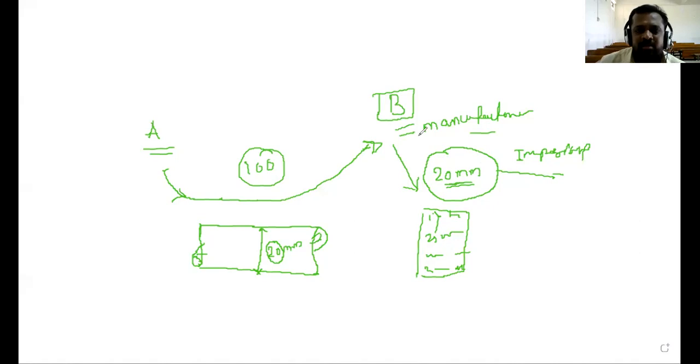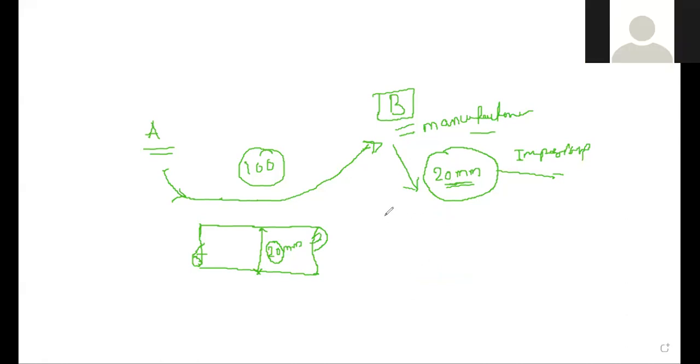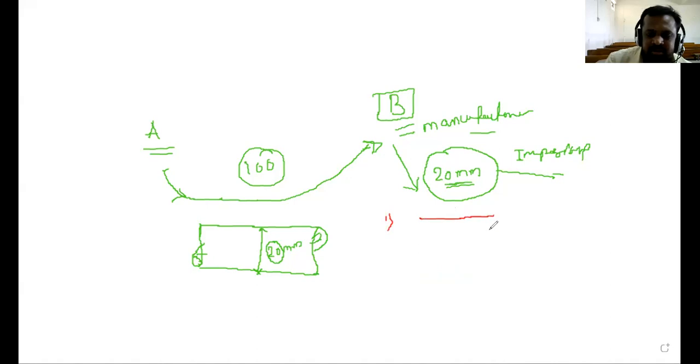Suppose now that manufacturer B has started the production and tried to manufacture the shafts. Simple, just understand. Suppose he has prepared 10 shafts. The first shaft he has prepared, the diameter of that shaft comes to 19.9. Then the second shaft he has prepared, the diameter again comes exactly 20. Again he has prepared a third shaft, and the diameter of that shaft comes to 20.1. Again he has prepared a shaft, the diameter of that shaft is 19.95.